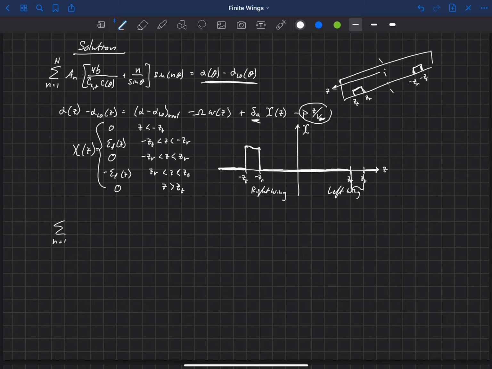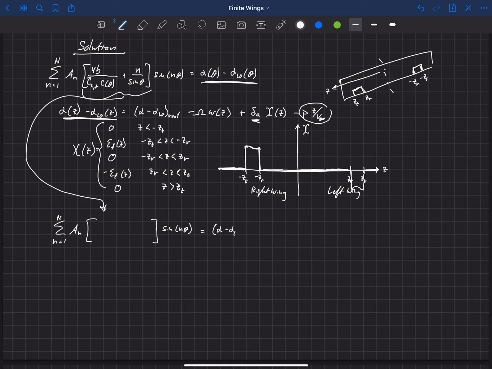Our general equation will be capital A sub n, I'm not going to rewrite the stuff in the brackets there, times sine n theta. So it's just this, that goes into this bracket here, is equal to, and now we want to take this equation and write it in terms of theta instead, which we just do with a change of variables.